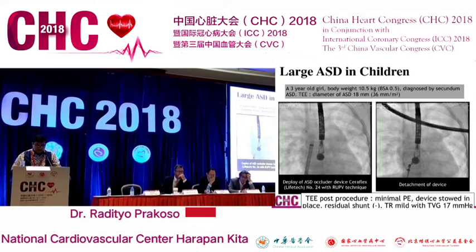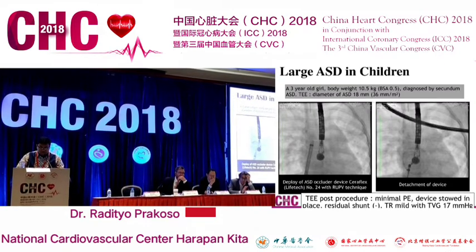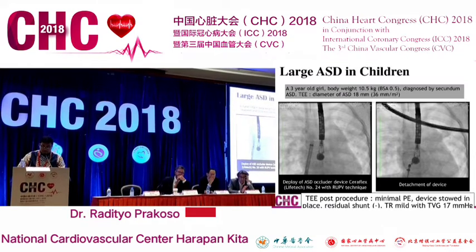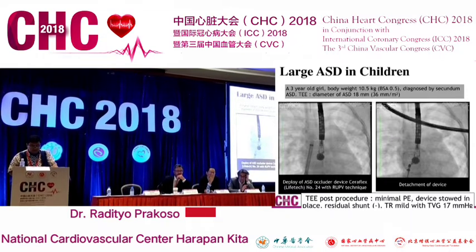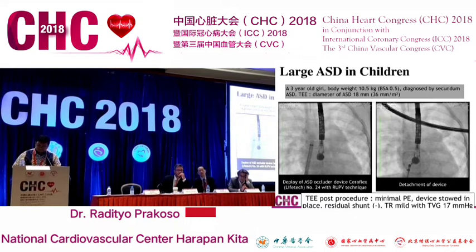You can see from the left side we use a soft device, and then we deploy it using the right upper pulmonary vein technique. The device sits nicely there. From the TEE evaluation, it is in good condition.